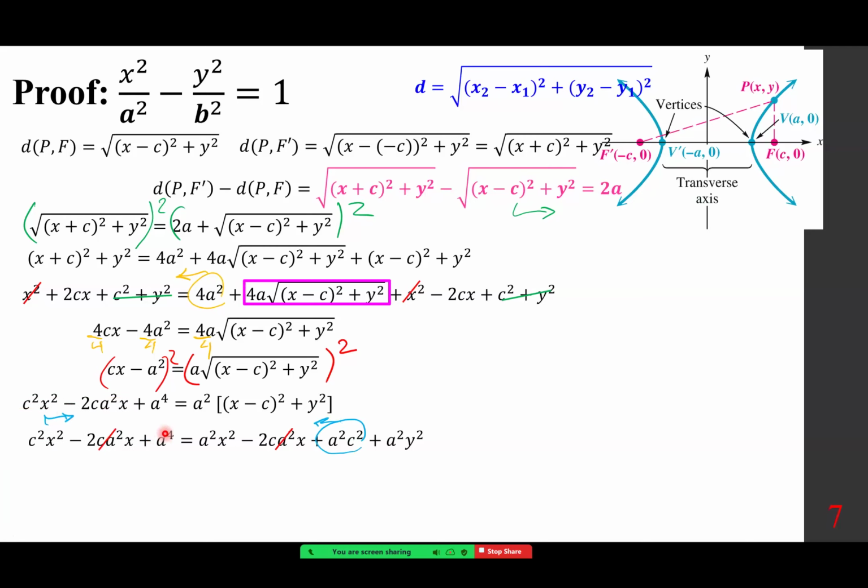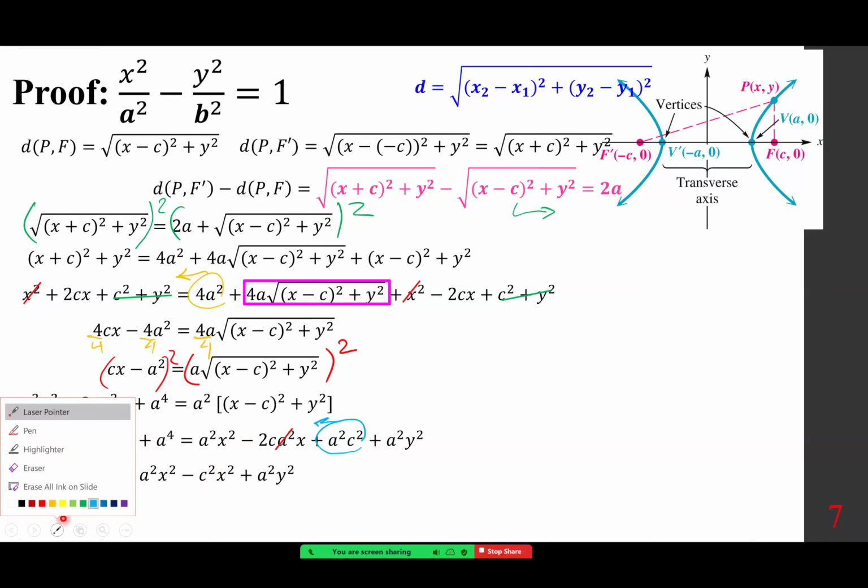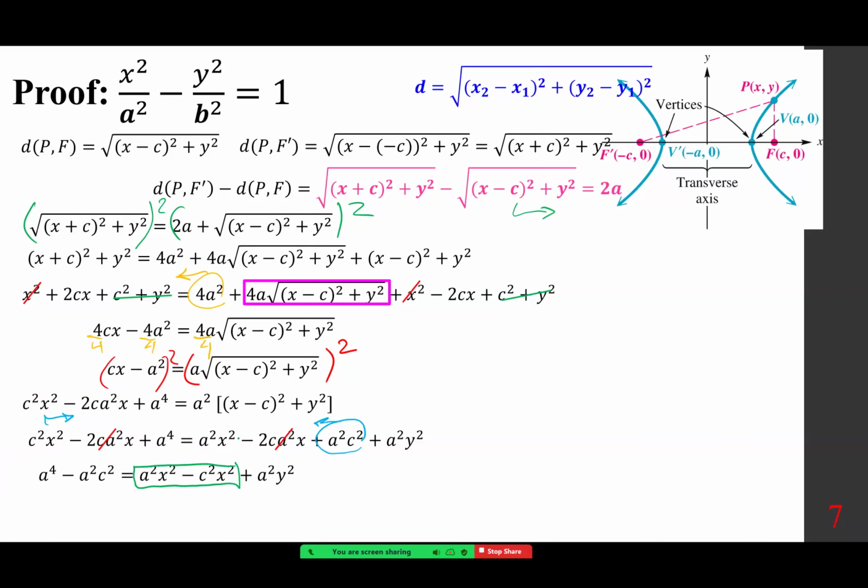The left side is a to the power of 4 minus a squared c squared. And the right side, basically, these two remain, and this takes a negative sign. Why do we do that? On the left side, we can factor out the a squared. On the right side, for these two, we can factor out the x squared. And now we're going to make this into 1. Remember, a and b and c, they are constants, so we're going to divide both sides by this.